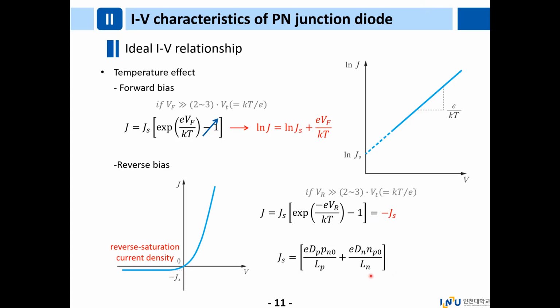is a function of thermal equilibrium minority carrier concentration. So Js is proportional to ni squared.